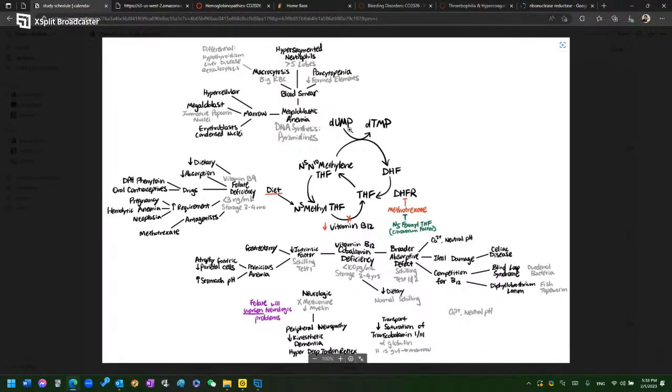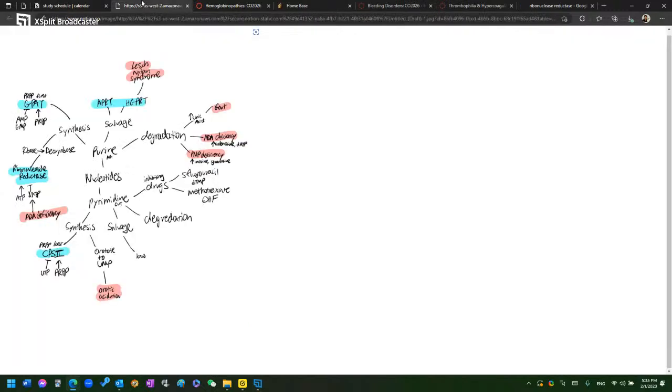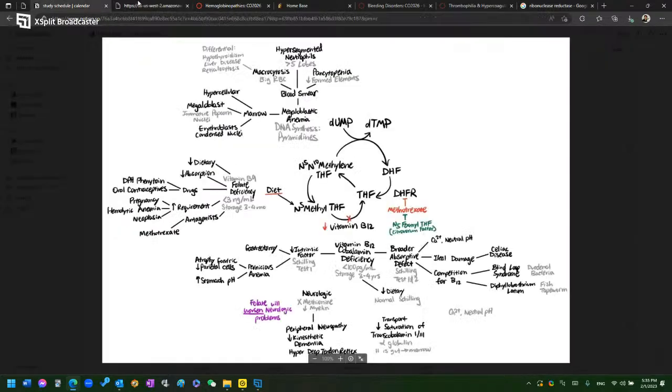So the main problem is, in megaloblastic anemias, we fail to turn dUMP into dTMP, right? So we can't make T, the pyrimidine.